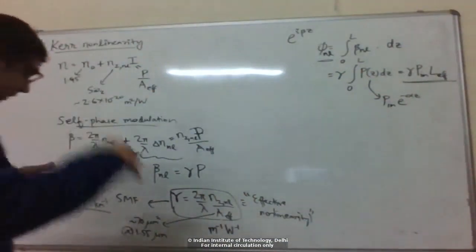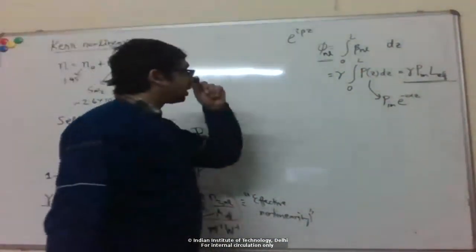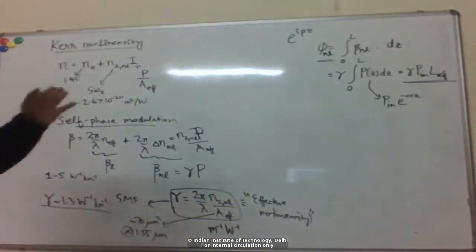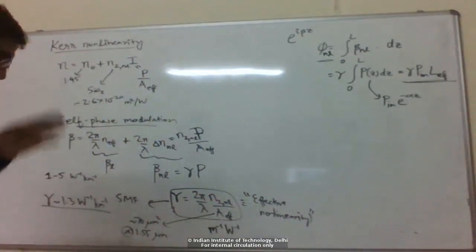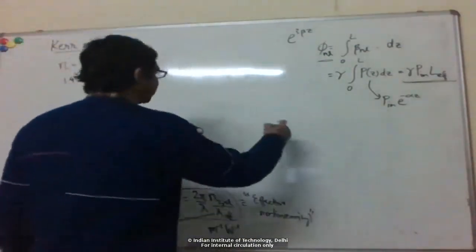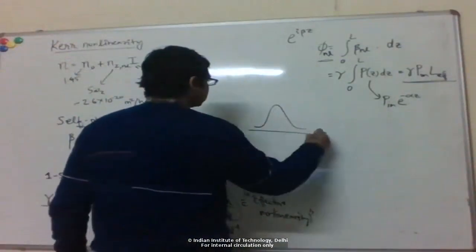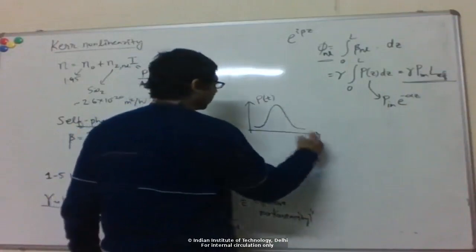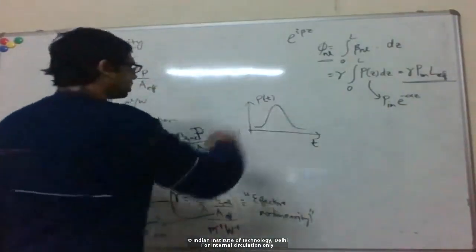But not only that, it also has an effect even if we do encoding in intensity, just simple on-off keying with pulses. To see that, recall if you're sending pulses, this power is also a function of time, so this is some Gaussian kind of shape.